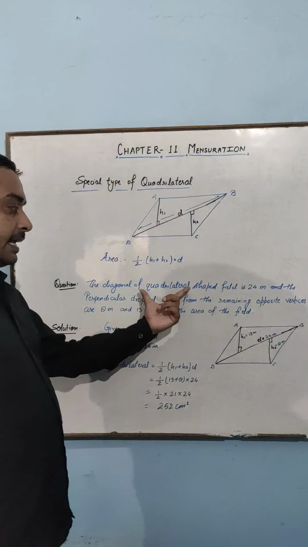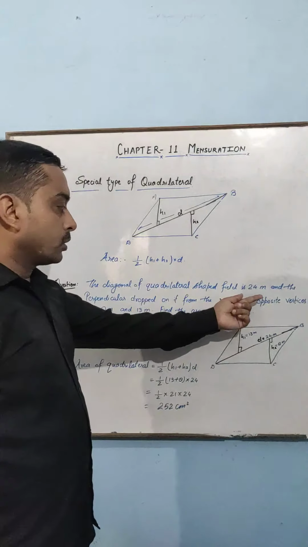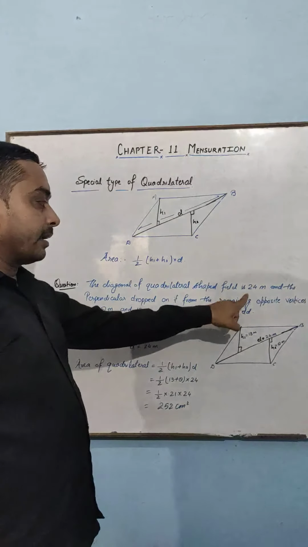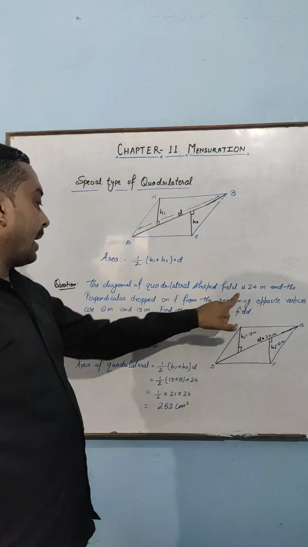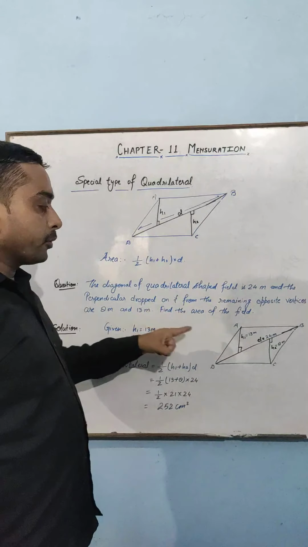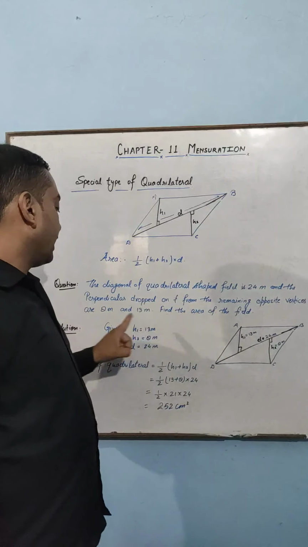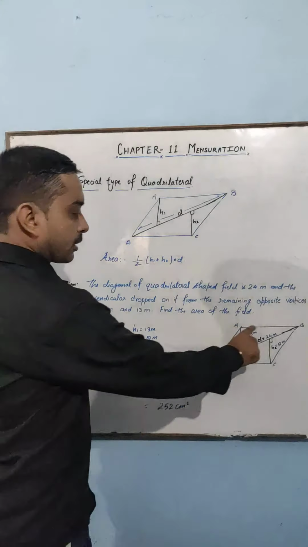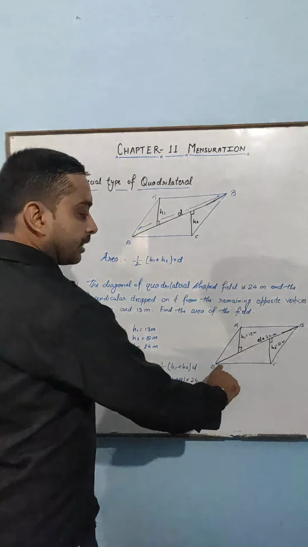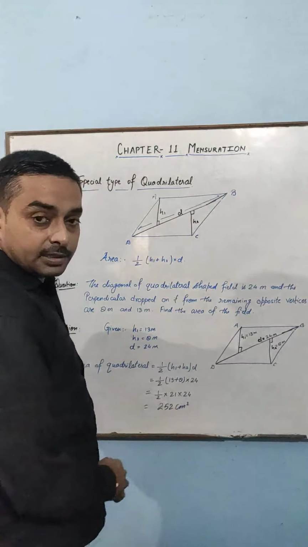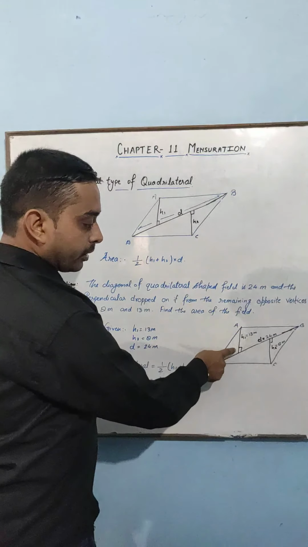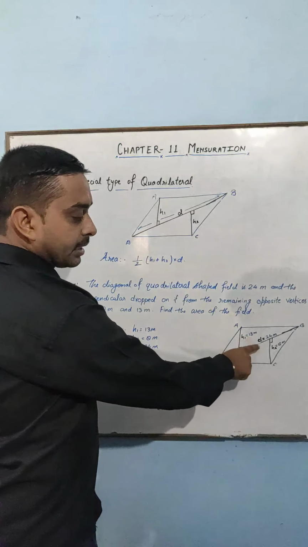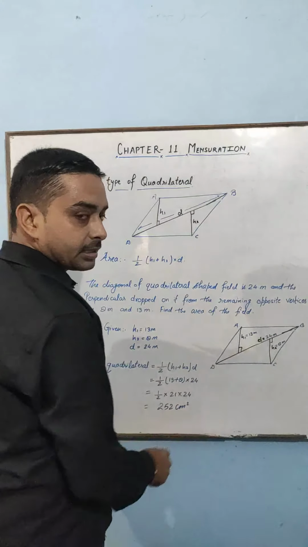So draw a figure. There is a quadrilateral whose diagonal is 24 meter and the perpendiculars drawn are h1 13 meter and h2 8 meter.